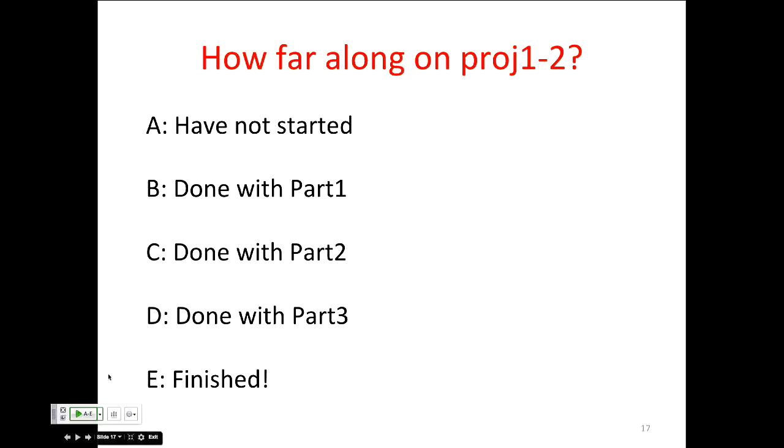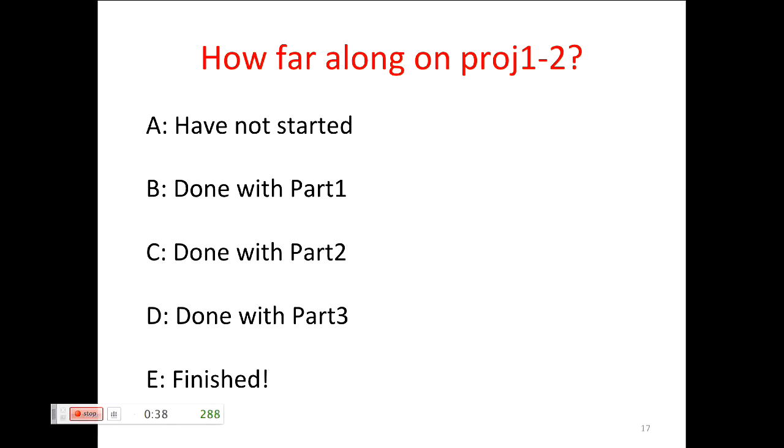How are you all doing with Project 1-2? Vote in. If you haven't started, that's A. E is finished, and everywhere in between. Vote in. Let's see if we can get to 304. Let's hit 304, or 306, I think it was. Okay, I'm closing the poll in 5, 4, 3.